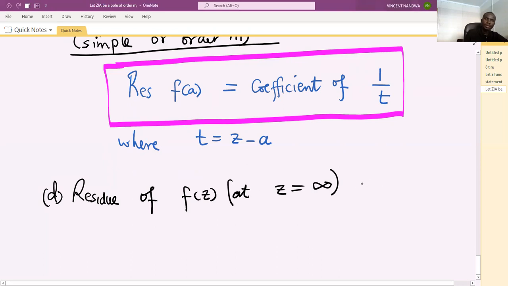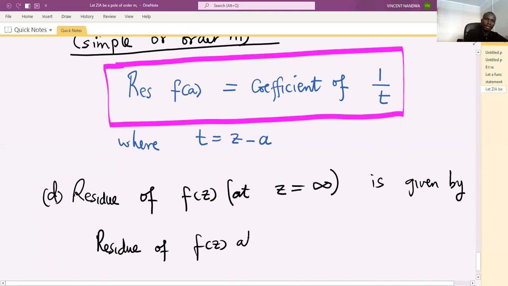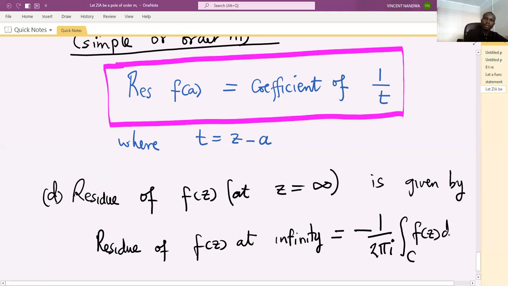So residue of f of z at infinity is given by minus 1 over 2 pi i integral along C of f of z dz.